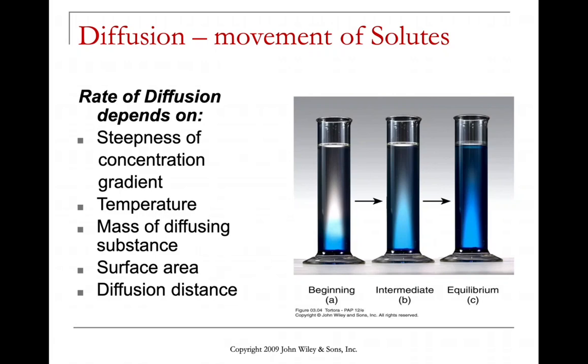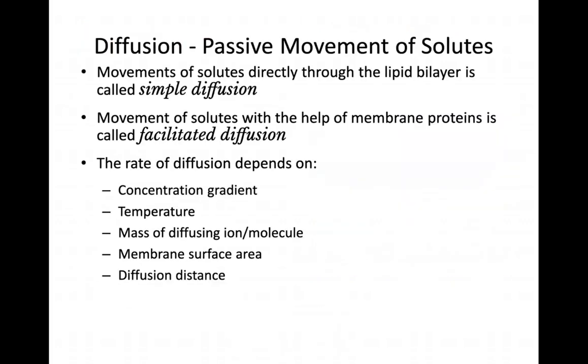So diffusion looks at the movement of solutes. The rate of diffusion is going to depend on the steepness of the concentration gradient, the temperature, the mass of the diffusing substance, the surface area, and the diffusion distance. So when something moves directly through the lipid bilayer, we call it simple diffusion.